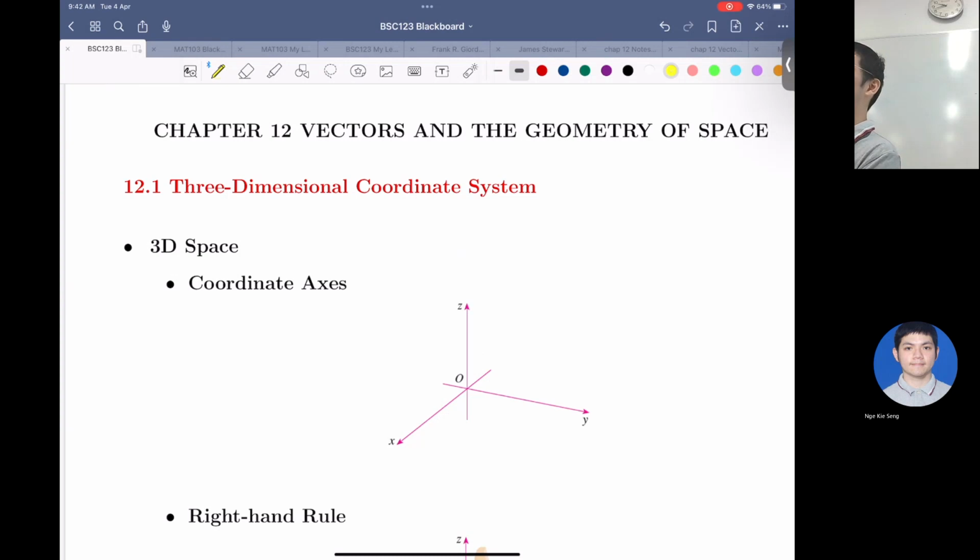Let me ask you another question: where can you find 4D in 2D? Any idea?